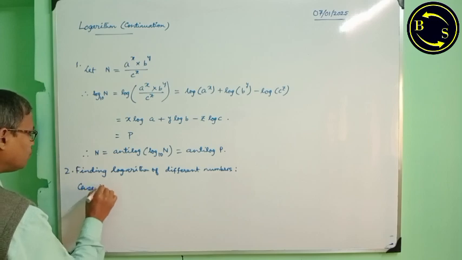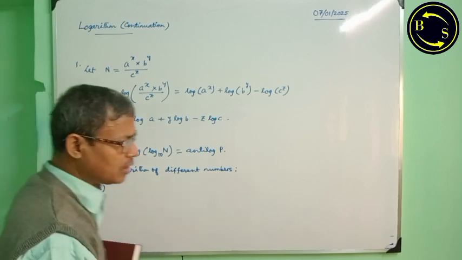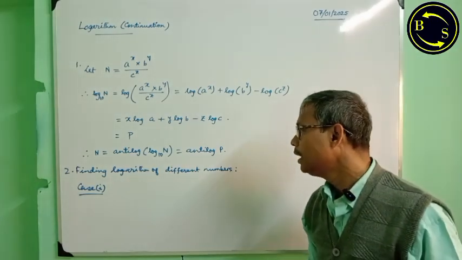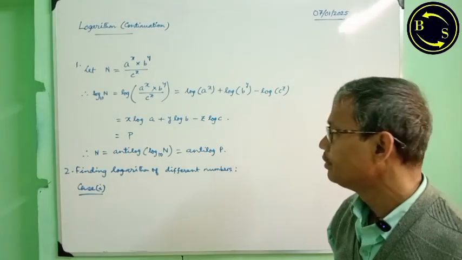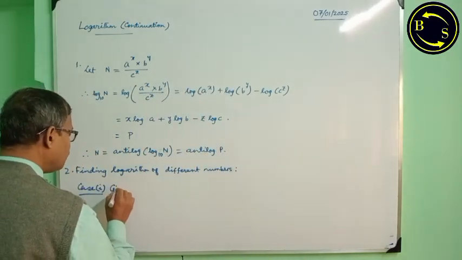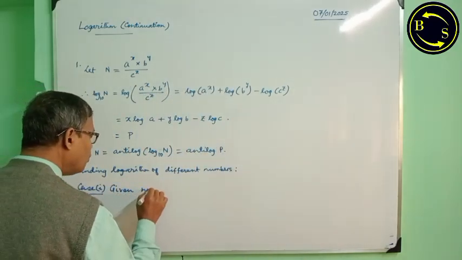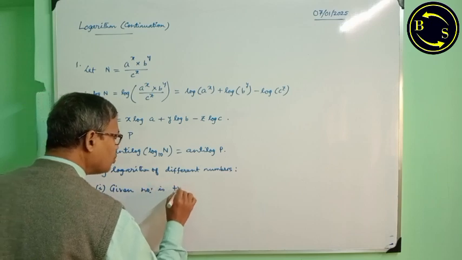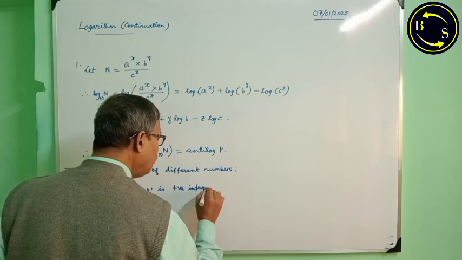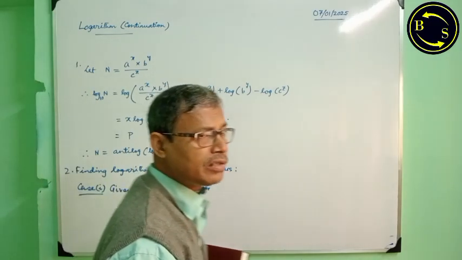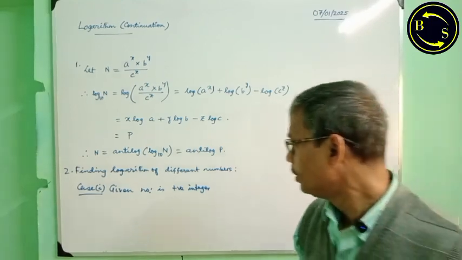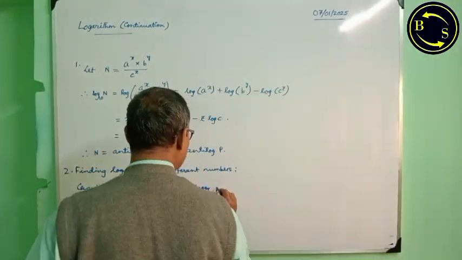Case 1. I would like to discuss like this. First case, if the given number be positive integer. Already it is mentioned that the logarithm of negative number is not possible. Given number is positive integer.